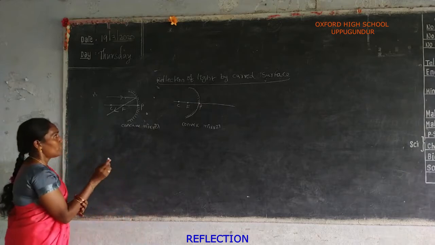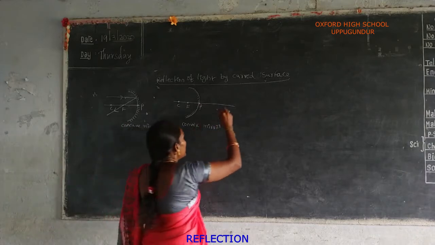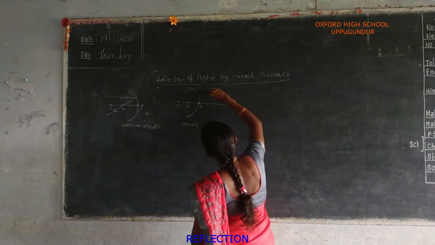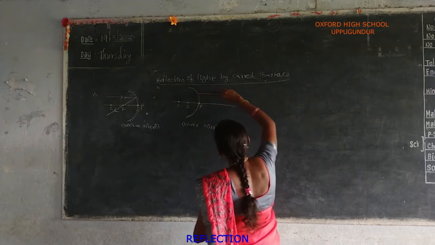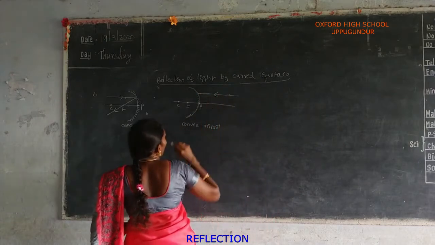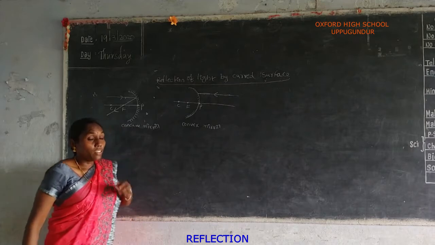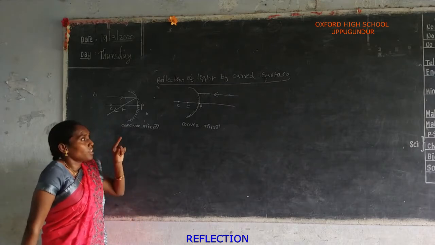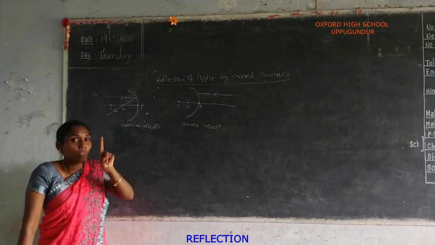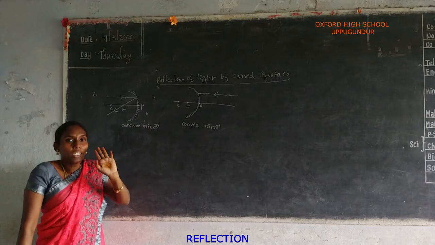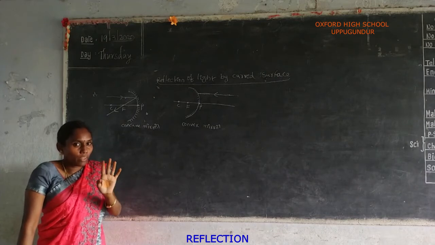Now the first ray means any light ray which is parallel to the principal axis. This is the light ray which is incident on the convex surface. One more thing is, reflection always takes place only in one medium, whether it is rarer or denser, whatever it is.